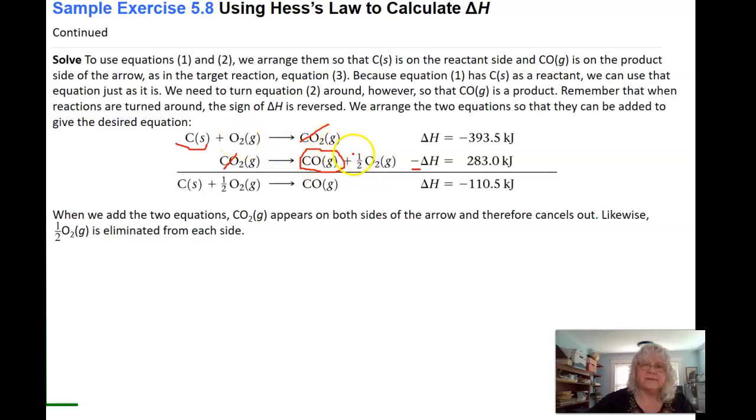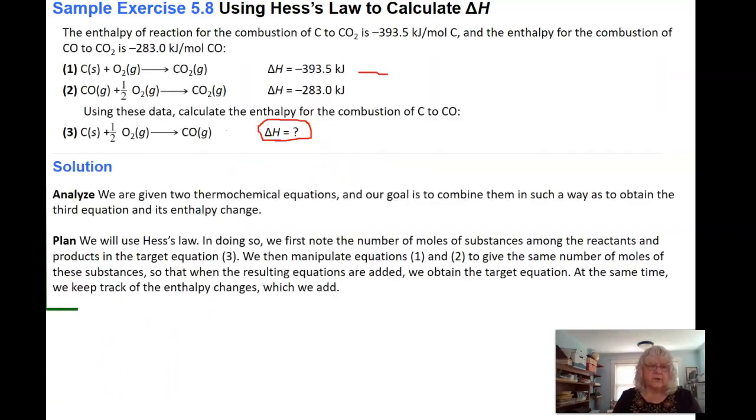That half cancels out, and I'm left with a half over here. So I end up with a half of an oxygen on this side once I cancel that one out. So we end up with the reaction that I want. Okay? So it's just another method for calculating the enthalpy of the reaction.